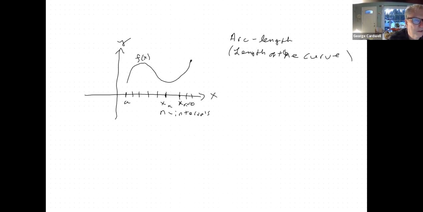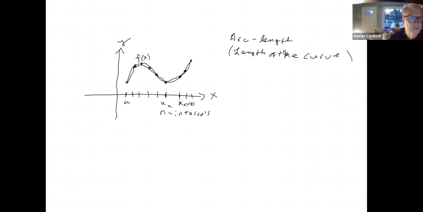What we'll do is plot those 2 points and connect them with lines like that. If I do that for every one of these, those are all straight lines between 2 points.